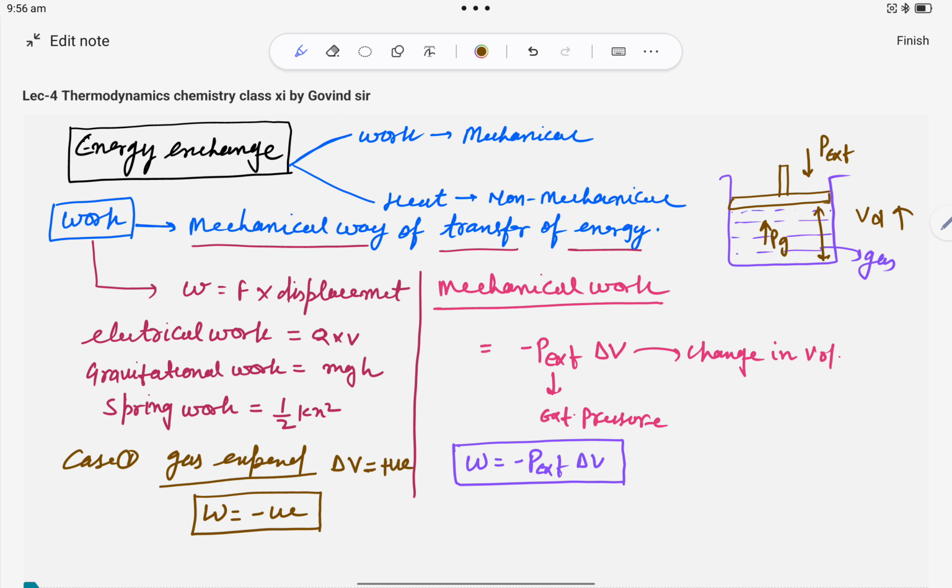That means work is done by the gas. Case number two: if the gas is compressed, then volume decreases, delta V is negative, so work will be positive.